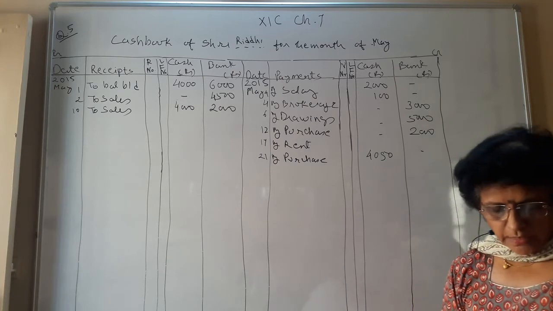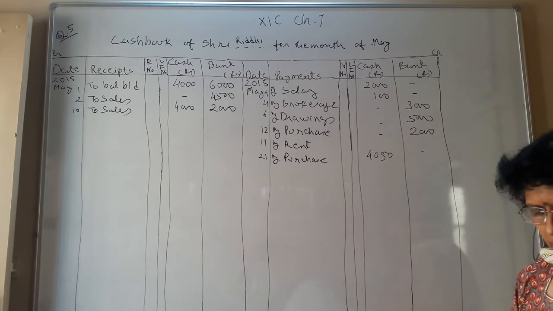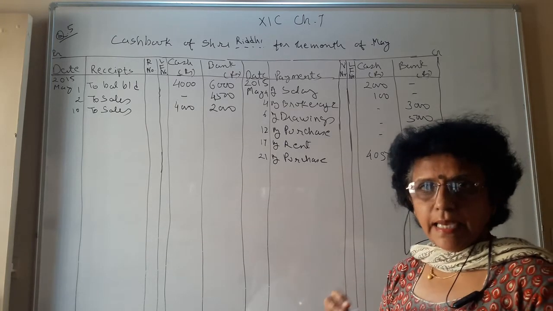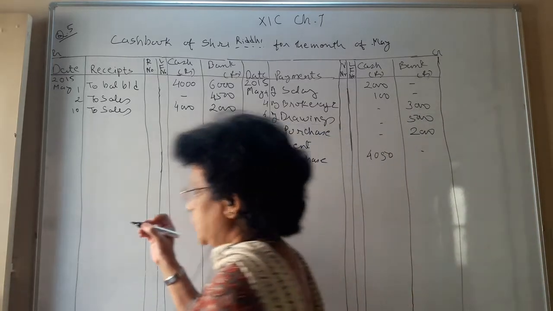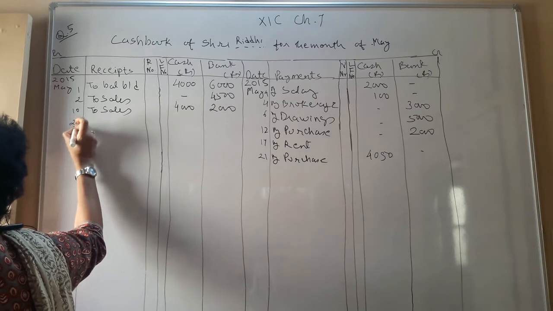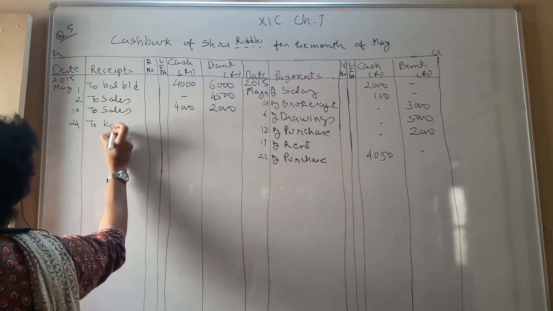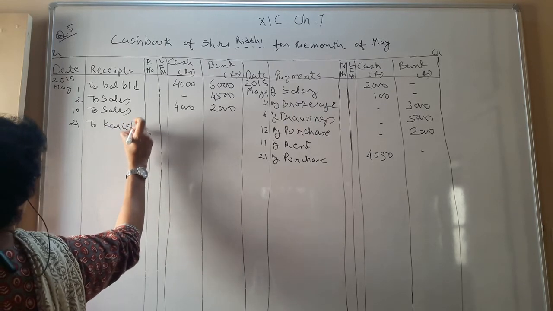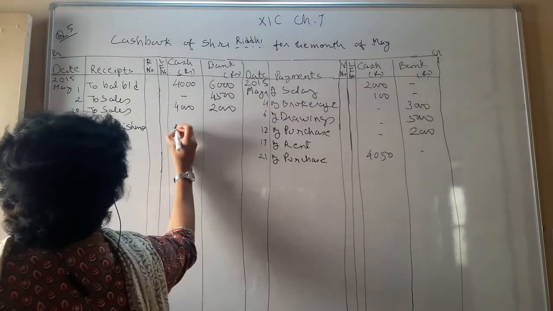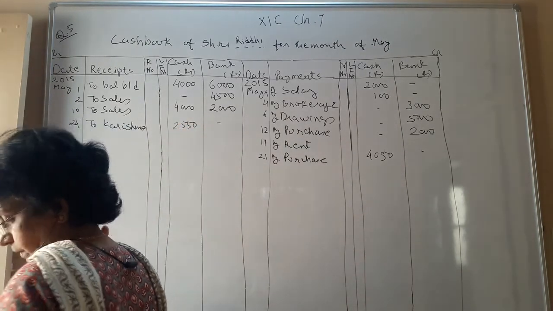24th, Karishma has paid 2,550 by cash towards her debts. Karishma has paid by cash, underline cash. So you are receiving from Karishma on the 24th, that is to Karishma, amount is 2,550 in the cash column.